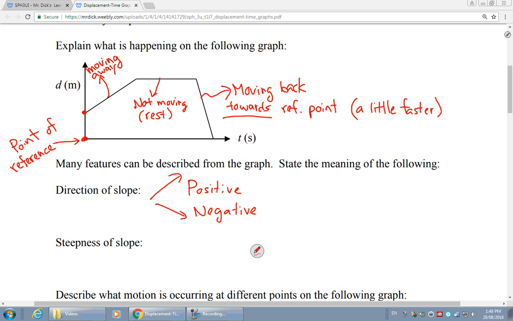But we can be more specific than that and talk about what the object is really doing. So when we have a positive slope, we saw that that meant you were moving away from the reference point. And if it was negative, it means you're moving towards.